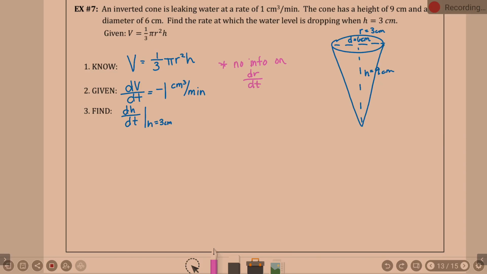So what we're going to do then is define R in terms of H. My apologies, I reversed it. The idea is we don't have a dr dt, we need to get rid of R in the formula. To get rid of R, we're going to turn it into H's.